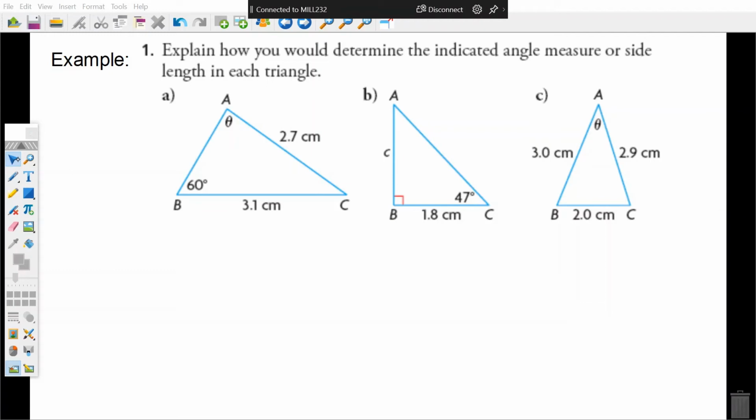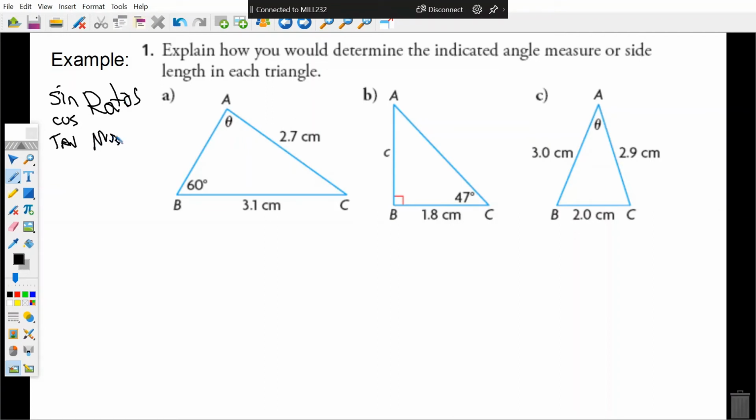So for number one, the only way I can use the sine, cos, tan ratios, what do I have to be able to use that? What angle do you have to have in your triangle to use that? Right, 90 degrees.